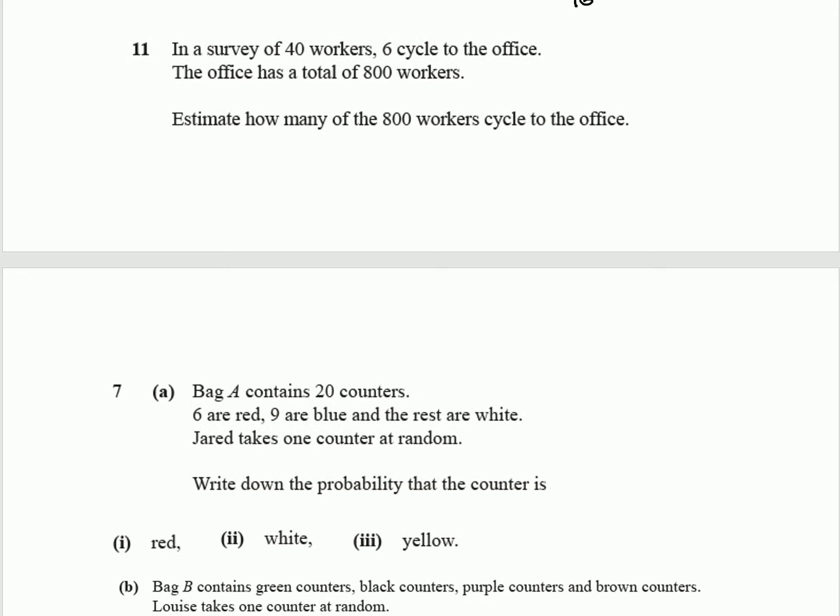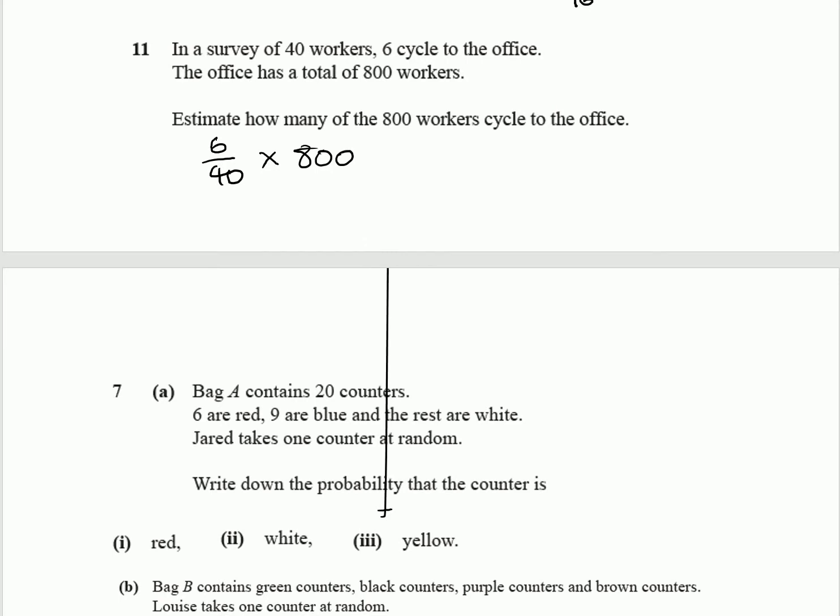In a survey of 40 workers, 6 cycle to the office. There's 800 workers, and I want to know how many cycle to the office, an estimate of it. Well, first of all, I need a probability, or a relative frequency, in this case. 6 out of 40 is my relative frequency, my probability of finding someone who cycles to the office. 6/40ths of the time, of the 800 times I ask people, I'm going to find a cyclist.